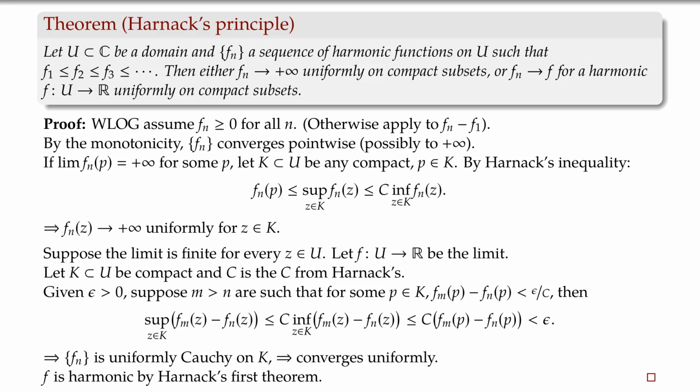The other thing is that you get this uniformity on compacts. Why would you get uniformity? I mean, that's a weird thing. Why would the rate at which you get these go uniformly?